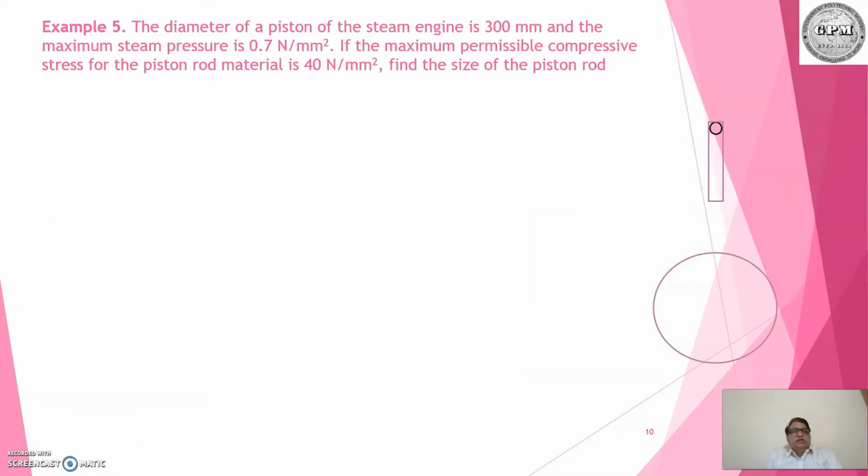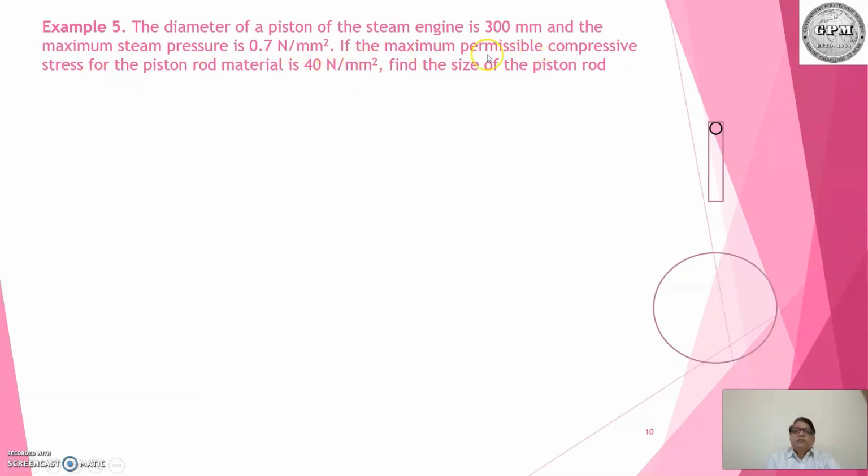Now we will move to the next problem, example 5. Just read the problem. The diameter of the piston of a steam engine is 300 mm. The maximum steam pressure is 0.7 Newton per mm square.